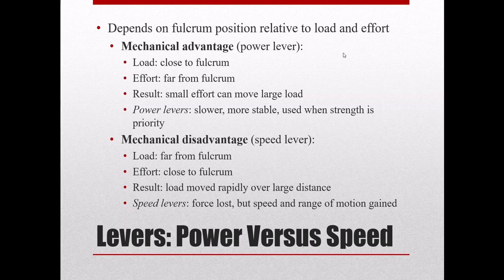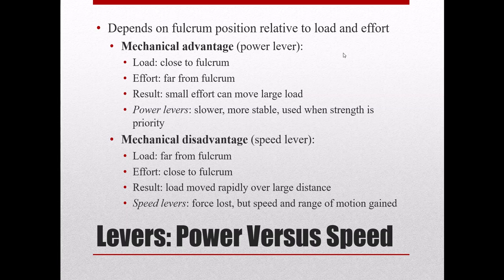There are 2 types of levers. Levers that are called power levers, ones that have what we call a mechanical advantage, or speed levers, which means they have a mechanical disadvantage. In power levers, the load is really close to the fulcrum.